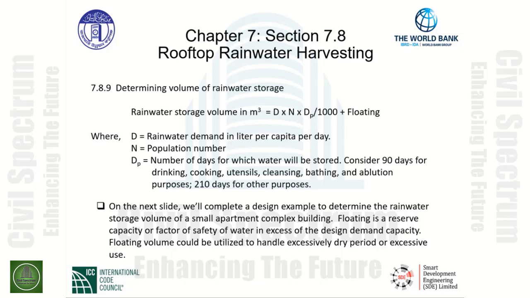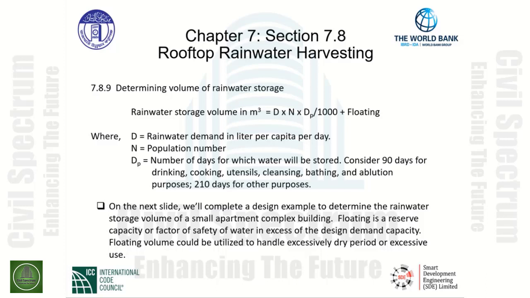We will indicate where D equals rainwater demand in liters per capita per day, N is the population number, D sub P is the number of days which water will be stored. Consider 90 days for drinking, cooking, utensils, cleansing, bathing, and ablution purposes, and 210 days for other purposes.